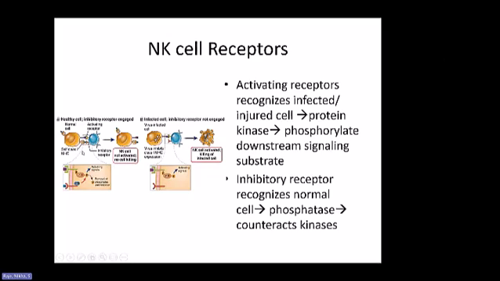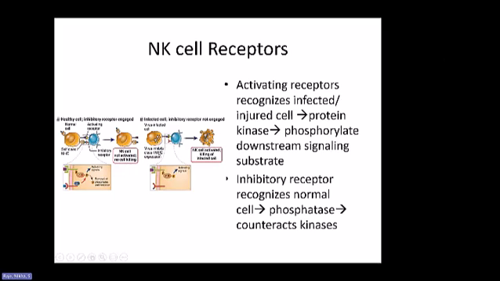Inhibitory receptors, on the other hand, are supposed to recognize a normal cell. So if there is a normal cell that's not injured or damaged by microbes, in those cases, it will have self-MHC on it. That MHC is recognized by the inhibitory receptor, and it inhibits the NK cell from being activated. So if there is class 1 MHC on a cell, the NK cell will be inhibited and that cell will not be killed.